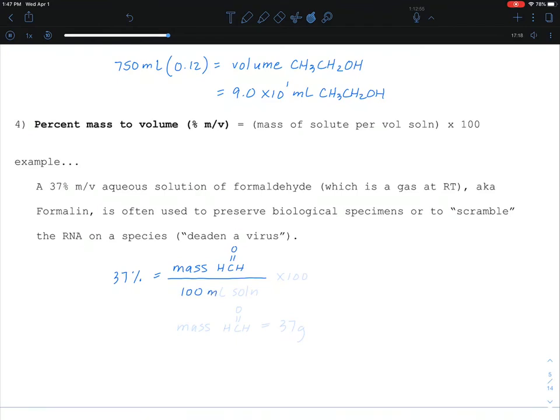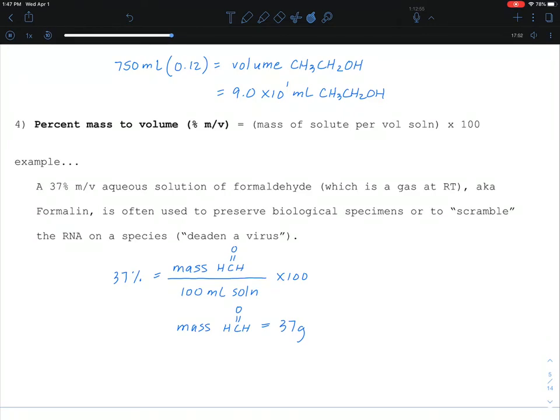We'll just keep it easy. So multiply that by 100. Then the mass of the formaldehyde alone, not the formalin, that's the solution, is going to be 37 grams. Does that make sense? So those are just some other pretty standard ways of expressing the concentration of a solution.